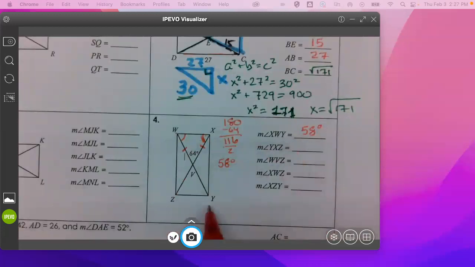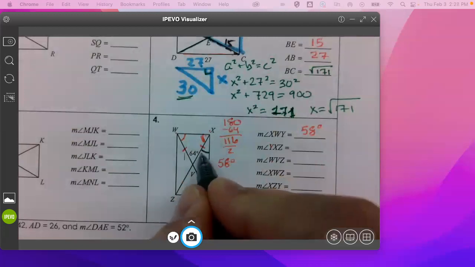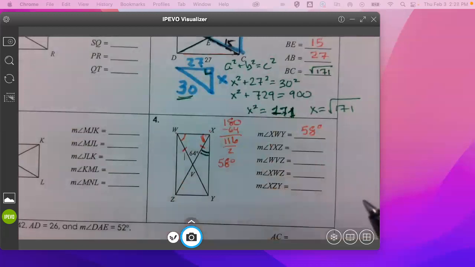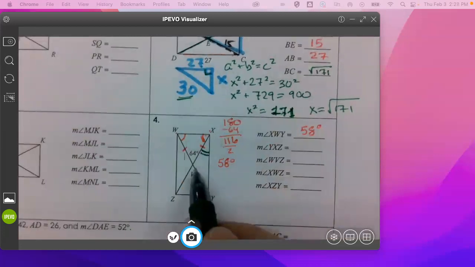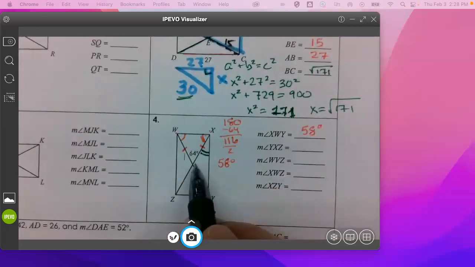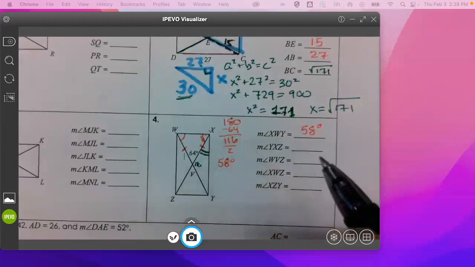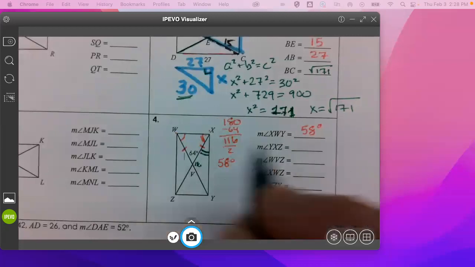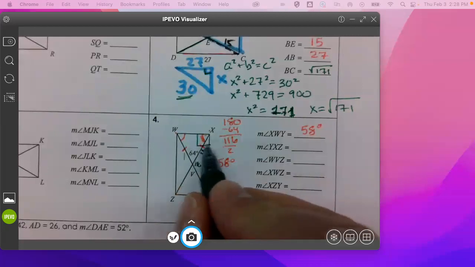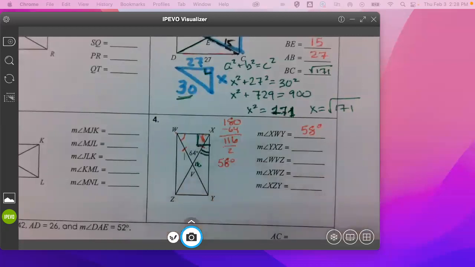What about this next piece? Y, X, Z. How could I find this one? Good, we could. Kenyon said we could do that linear pair here, say this is 116 and do the same idea there. Or Lillian, what'd you say? 90 minus 58. Yeah, because we know that this angle X is 90 degrees.